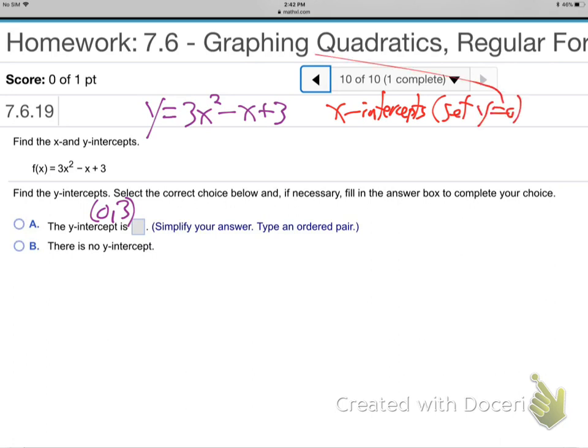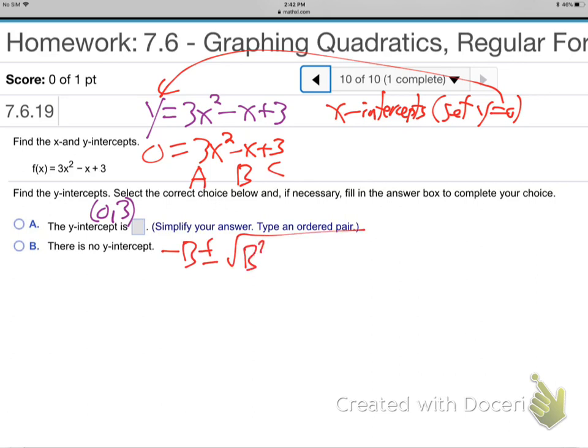Set y to 0, so put in a 0 for y. Get a, b, c, plug it in. Negative b plus or minus square root of b squared minus 4ac all over 2a. So that's going to be what? B is negative 1.